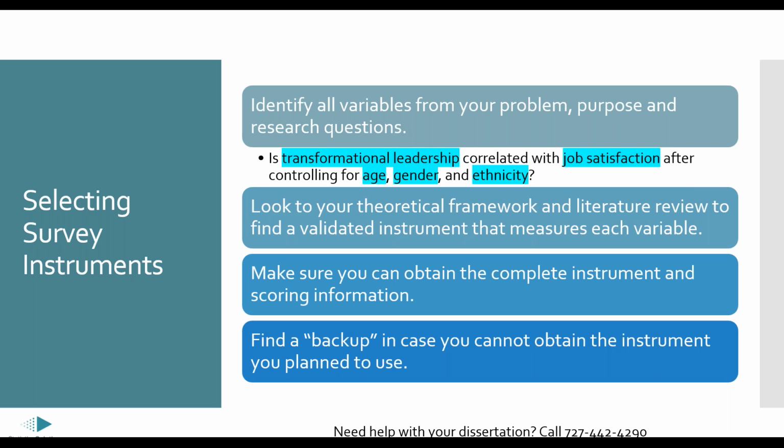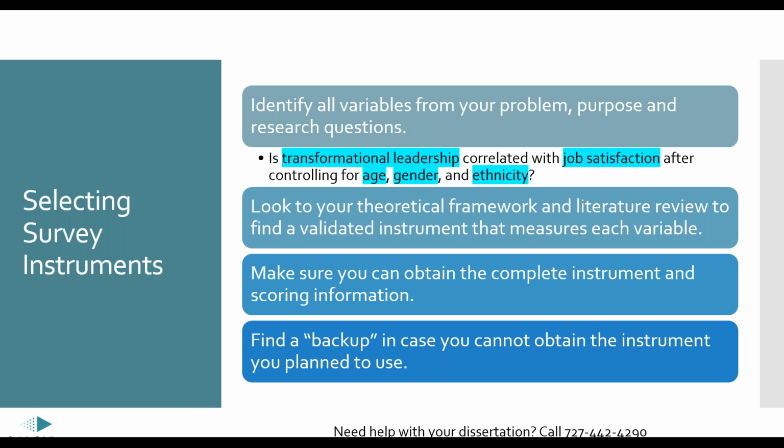And during this process, you want to keep in mind that you need to be able to obtain the complete instrument and the scoring information for the instrument. And often this involves contacting whoever first created the instrument, so the author of the instrument, or it might be a company that has the rights to the instrument that you may need to obtain the instrument from.